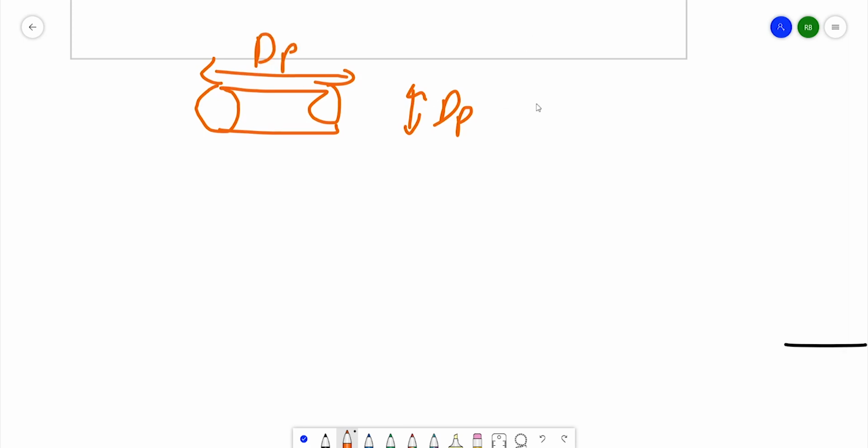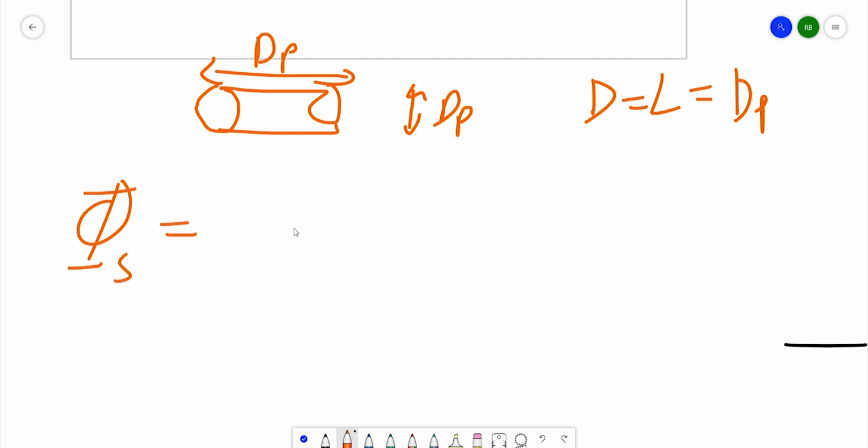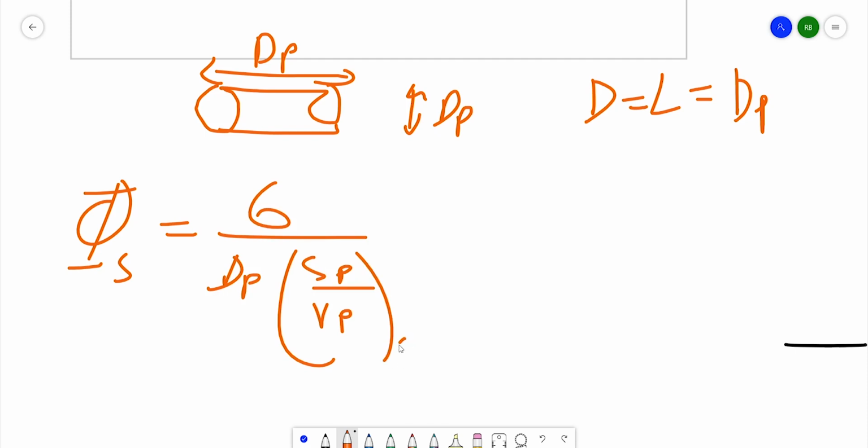This is a solid cylinder where the diameter is equal to the length, and both we name dp. Now let's calculate the sphericity of the solid cylinder. By definition, it will be 6 by dp times Sp by Vp of that solid cylinder.